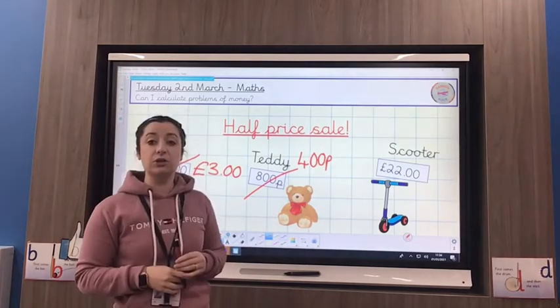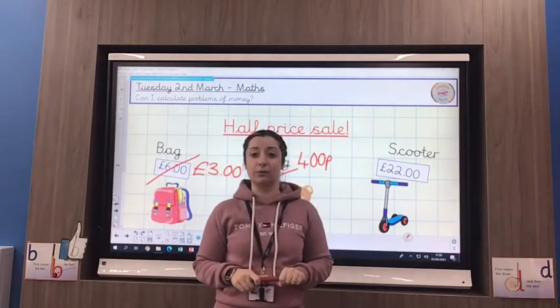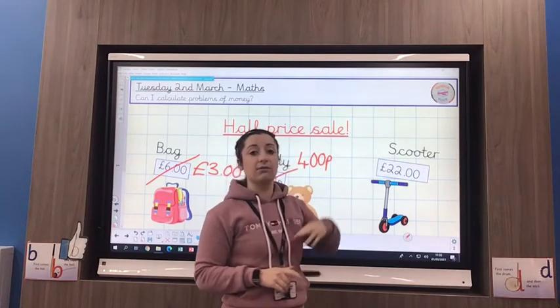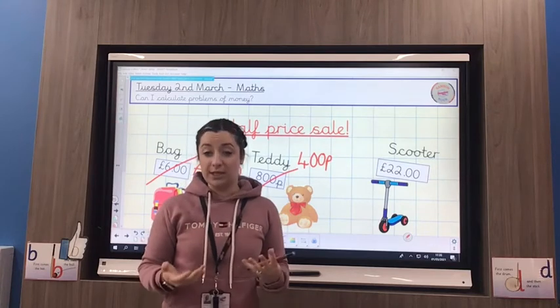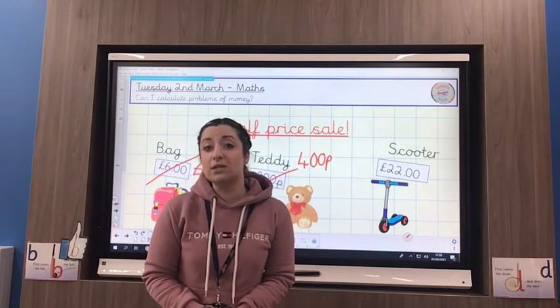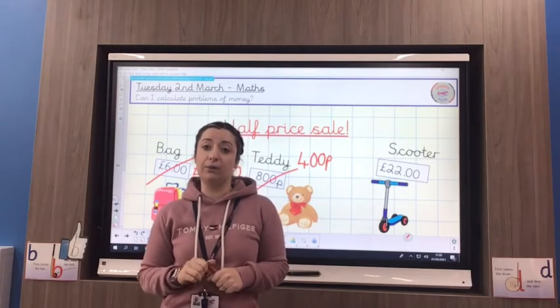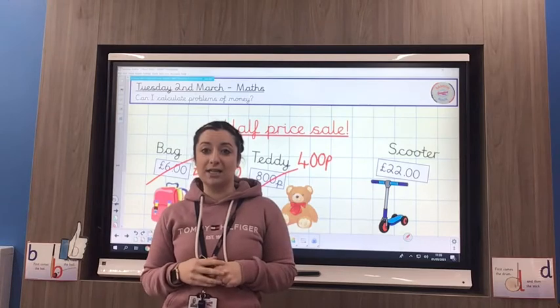Now I'm going to move on to the scooter. The scooter is £22. Now, we're not going to find out what half of 2,200 is. I'm going to ask you, what's half of 22? Can you work that out at home? What is half of 22, the number 22? And if you know your 11 times table, you'd be able to do this quite easily.